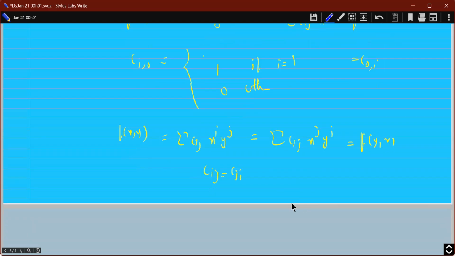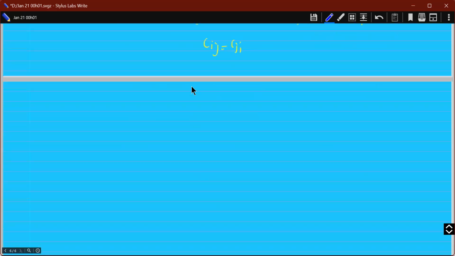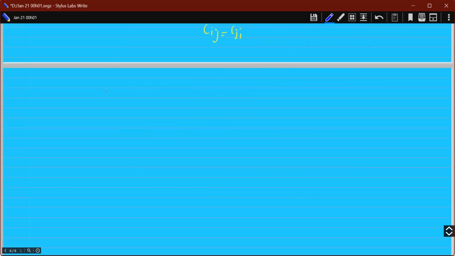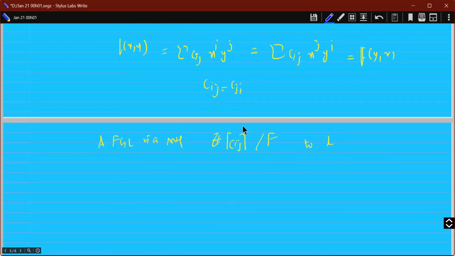So a formal group law is a map, this is the way to think about it, to R. Here this is the ideal of all these relations plus the associativity ones.